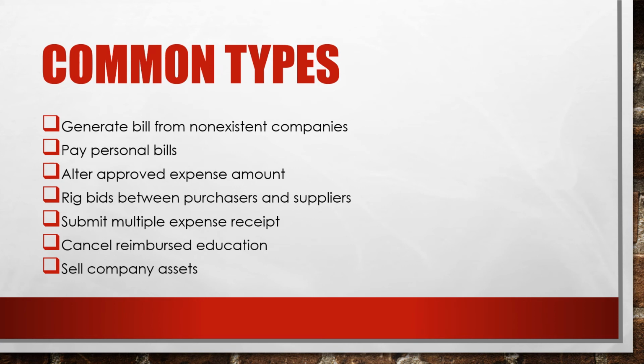So that is considered as fraud. And then cancel reimbursement education. And then lastly, sell company assets. For example, yung mga asset na wala na nagamit sa company and then naay isa ka empleyado na iyang gibaligya despite knowing na katunga asset is recognized by the company, that is considered as fraud.